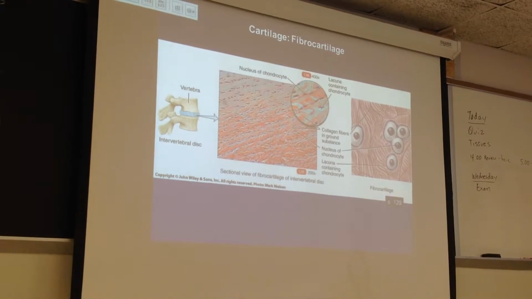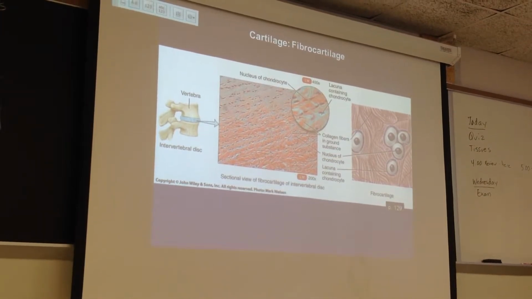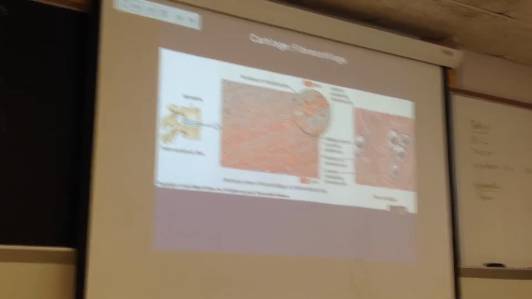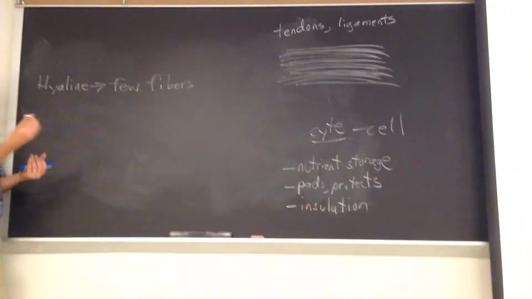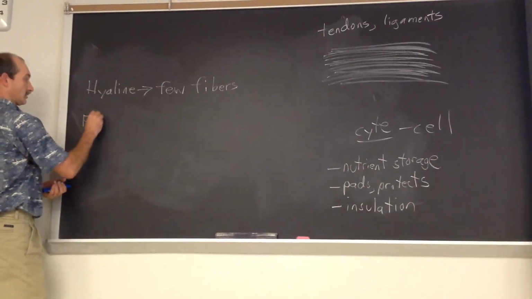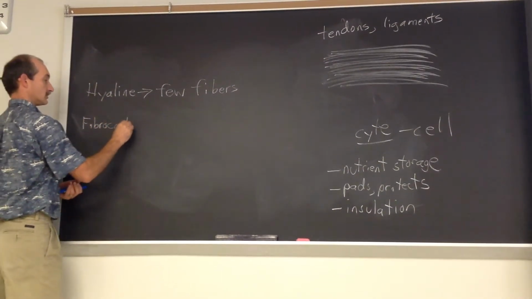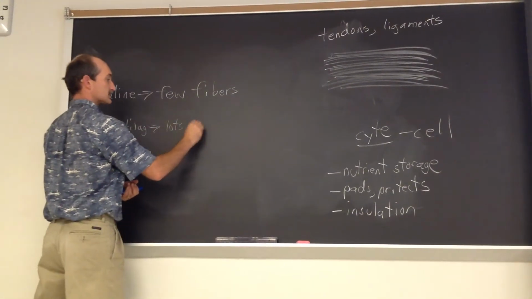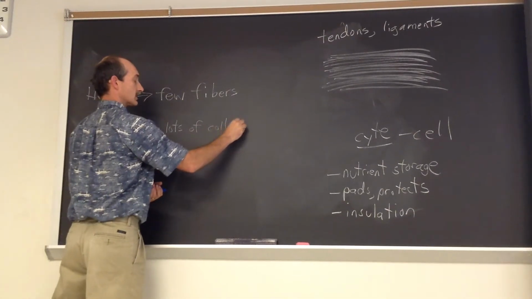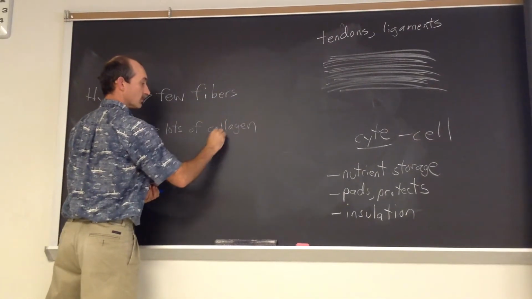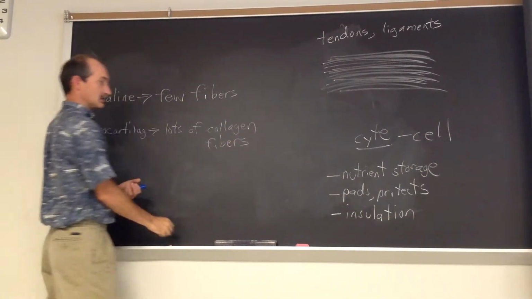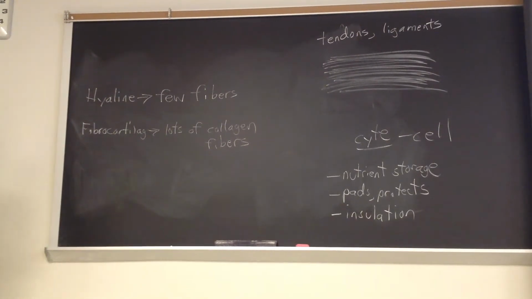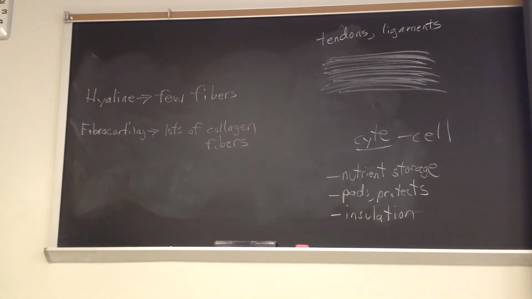If we add a lot of collagen to it, we make fibrocartilage. And this is much stronger. Fibrocartilage differs in that it has lots of collagen fibers. It tends to be more compression resistant. It tends to be stronger. We see it, for example, making up the intervertebral discs.